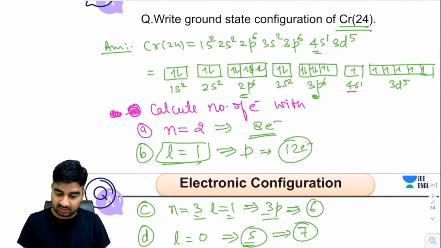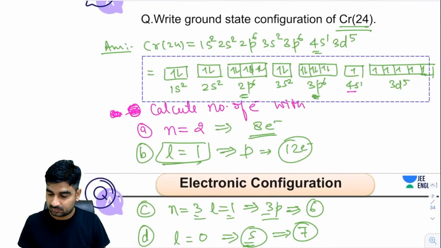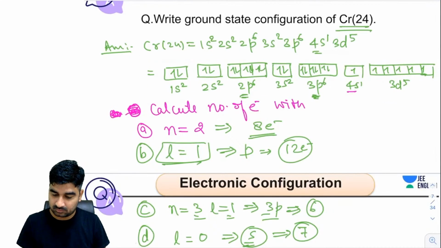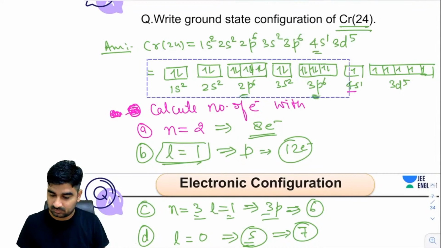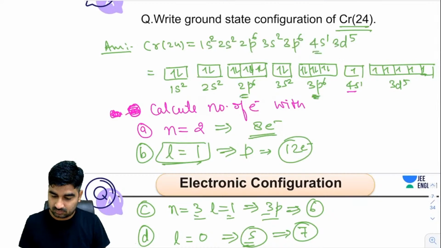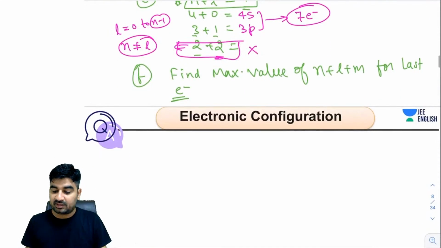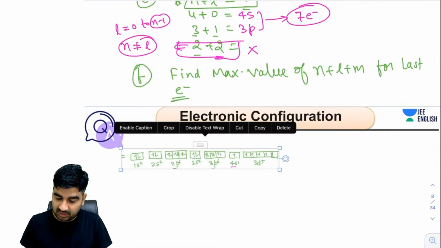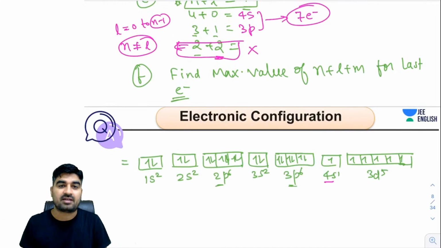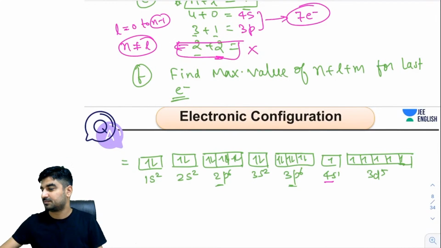Okay, let's do one thing. Find the maximum value of n plus l plus m for the last electron. Yes, solve it and let me know.